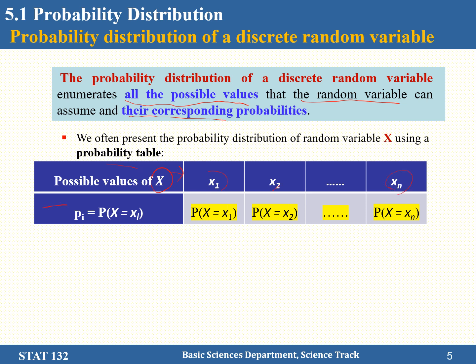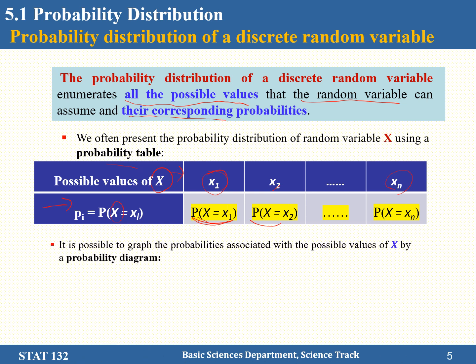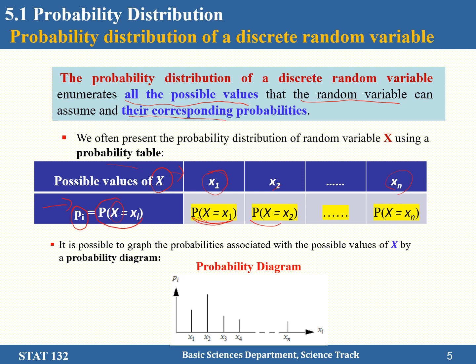The second row shows the probability that the big X can take the value Xi. Sometimes we can use Pi here, but in most books, it gives the probability as the probability that the random variable is equal to Xi. So we use this notation most of the time.